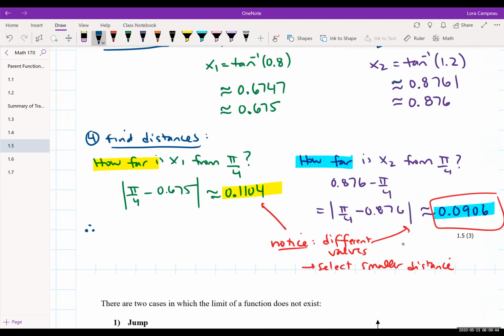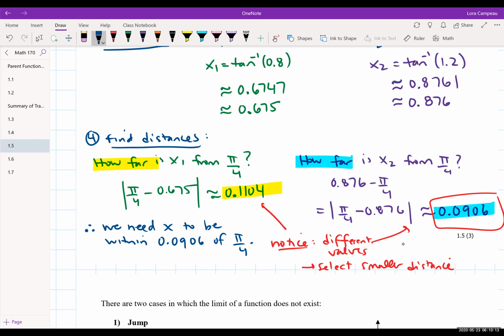Therefore, we need X to be within 0.0906 of pi over 4. And so that would be the chosen part.